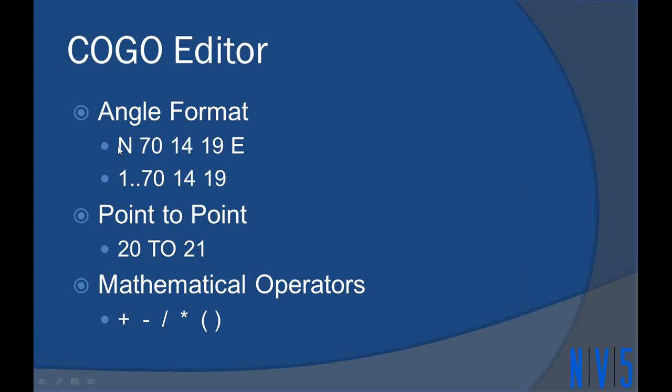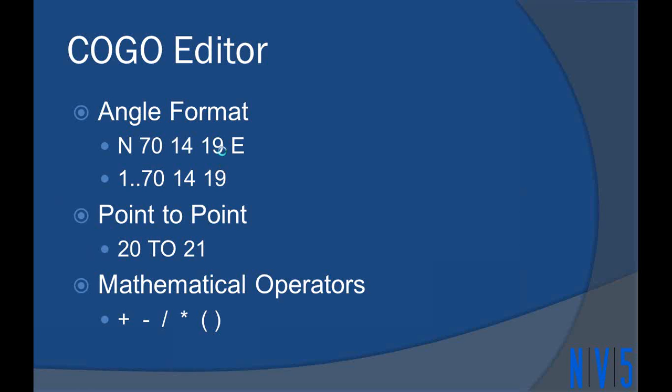You can put the bearing format in based on compass directions. I can type just N and it'll draw northerly. I could type in S, it'll go southerly. Or I can do it by northing with an angle in degrees, minutes, and seconds, and then east or west. I can do south, east, or west, and it'll then interpret that as angles.